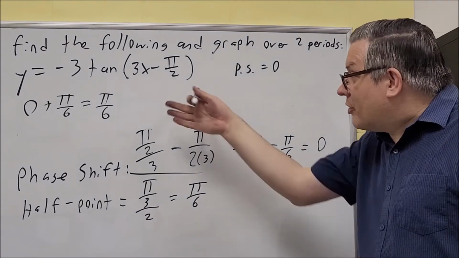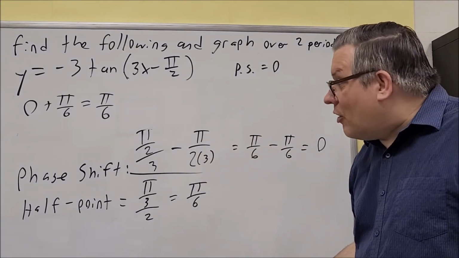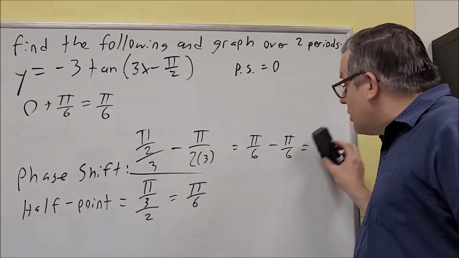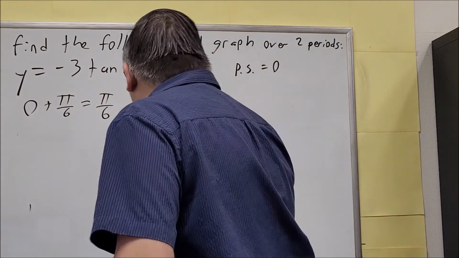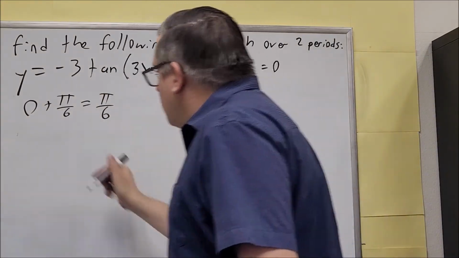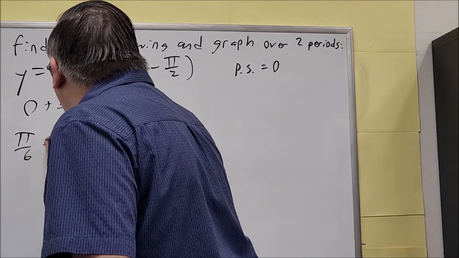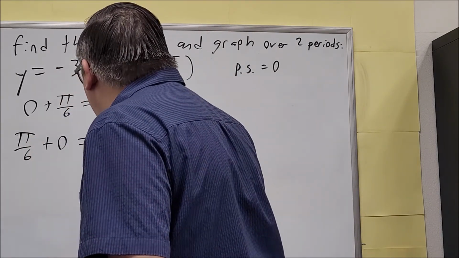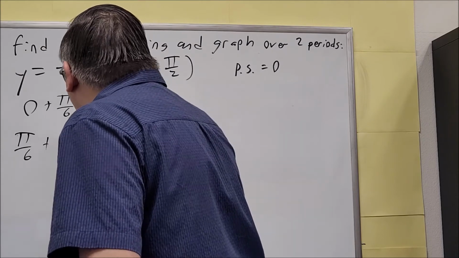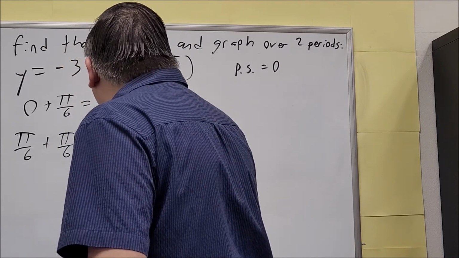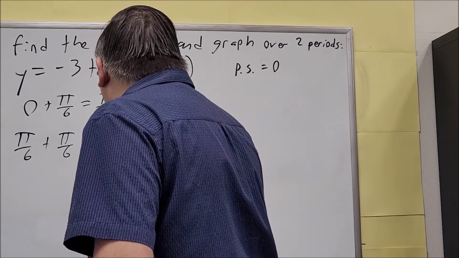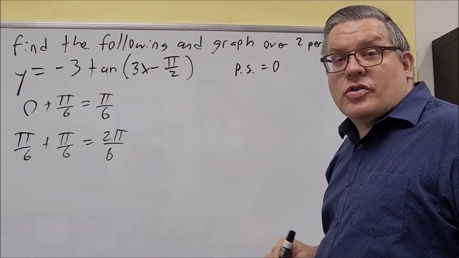So now we want to find the other 4 key points that follow. Next one, we have pi over 6, and we're going to add pi over 6 to that one, and we get 2 pi over 6. We're going to keep the denominators here.